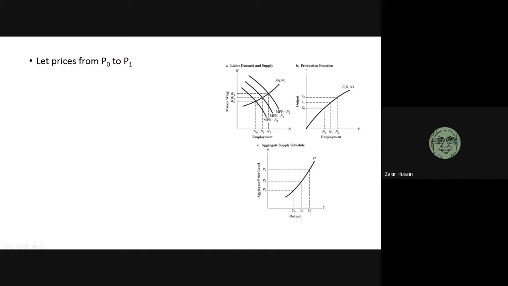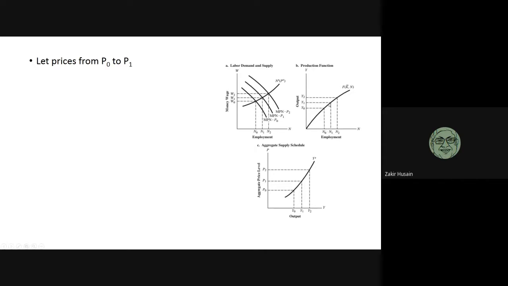As you can see, remember that wage is now flexible, so now we can bring in the supply curve. Initially equilibrium is over here, N0 is employed. The demand curve shifts upwards, and equilibrium in the labor market occurs over here. So employment goes up from N0 to N1.